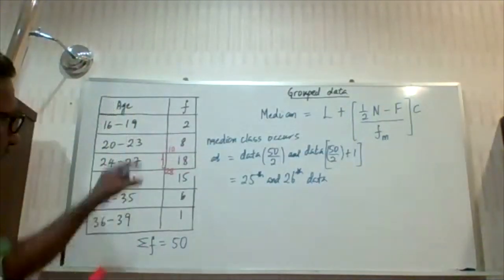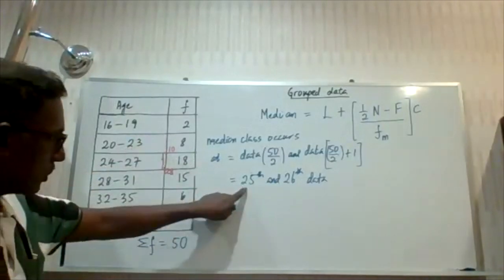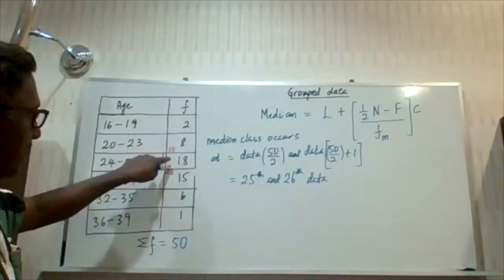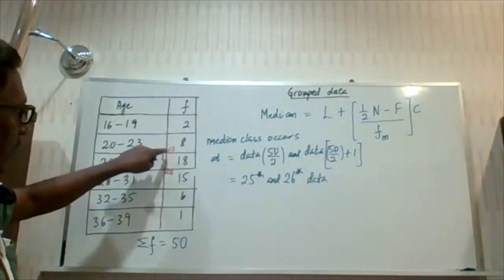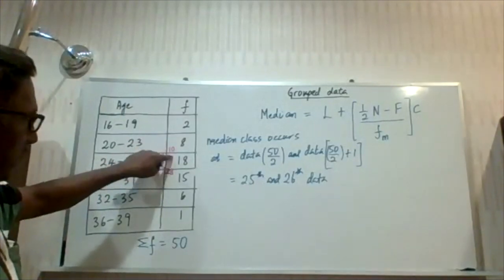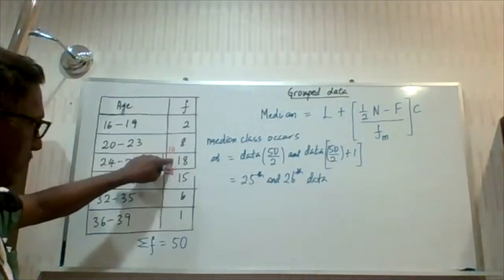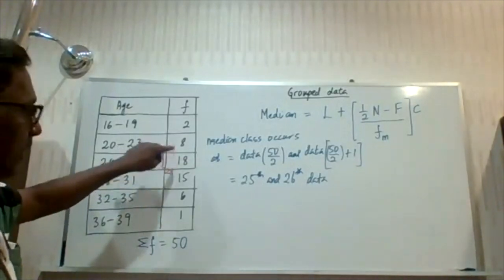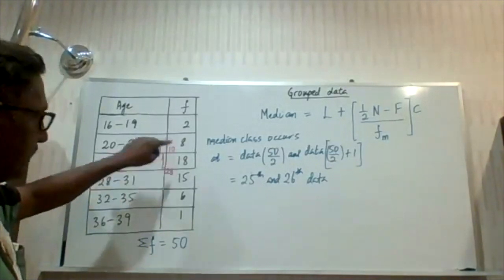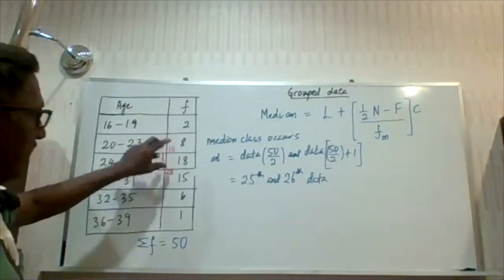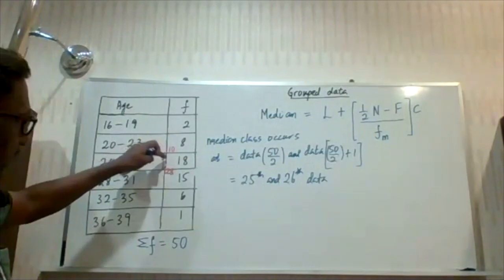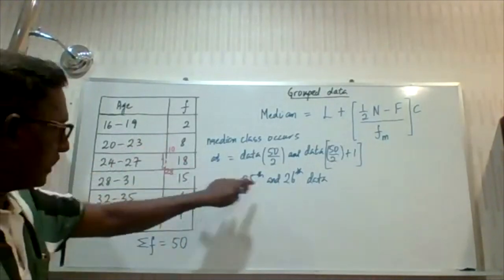The 25th and 26th are inside here. That means from 11, 12, 13, up to 28 is inside. 11 to 28 is in here, so the 25th and 26th are here.